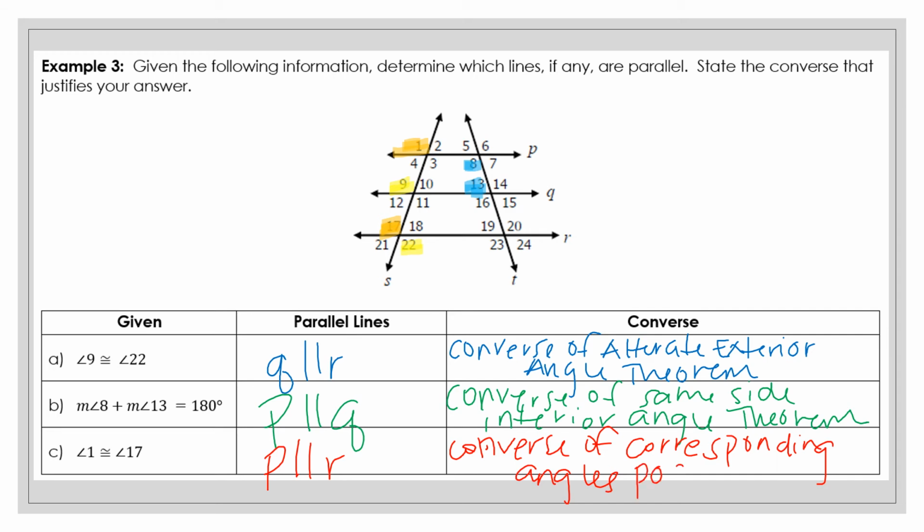That's the only one that is a postulate, is the corresponding angles. Everyone else is a theorem.